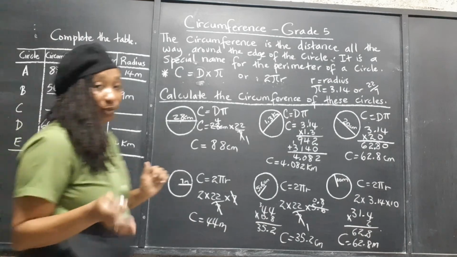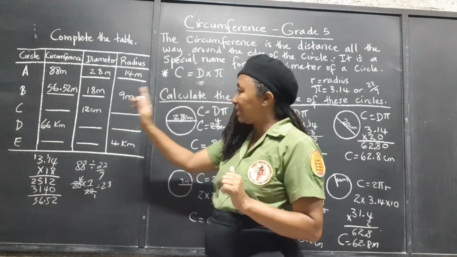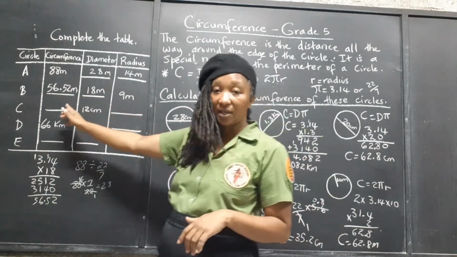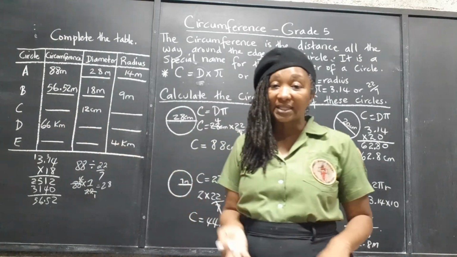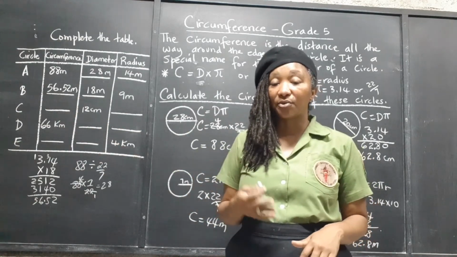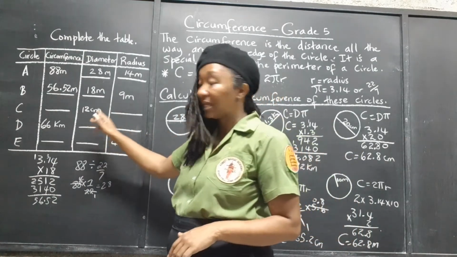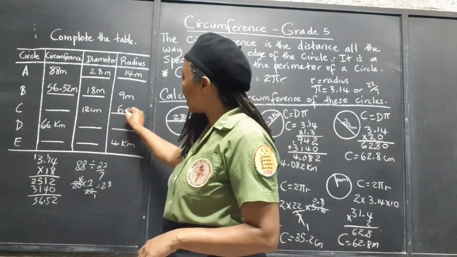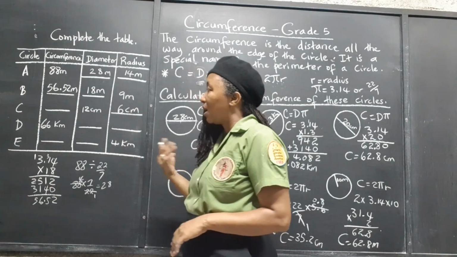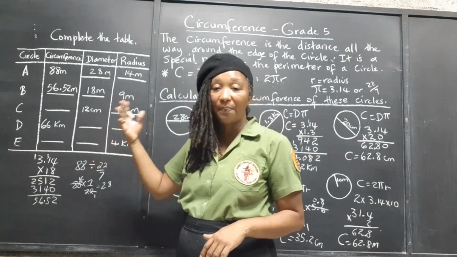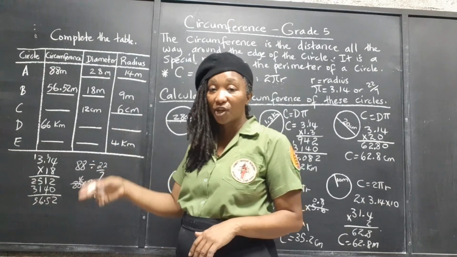Alright, now they told us that the diameter is 12. They want the radius, they want the circumference. We can easily find the radius because the radius is half of the diameter. Half of 12 is 6. So the radius is 6. We know the diameter, so we just multiply that by pi to get the circumference.